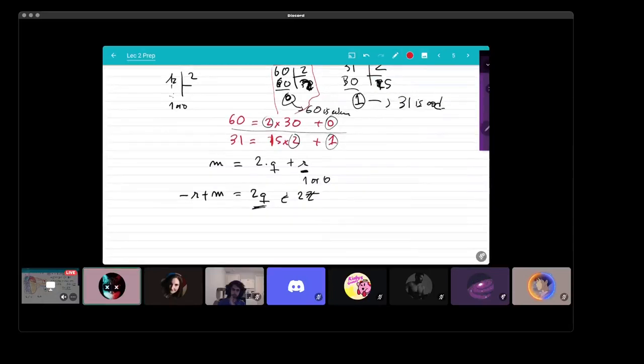So the thing to take away from this is that any element, so any m, is equivalent to the remainder which you get from the division by 2. And this remainder is 0 or 1.